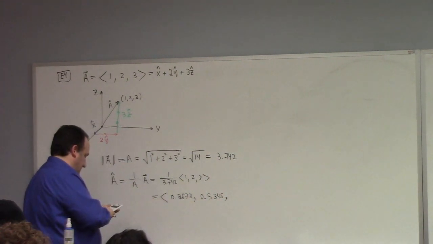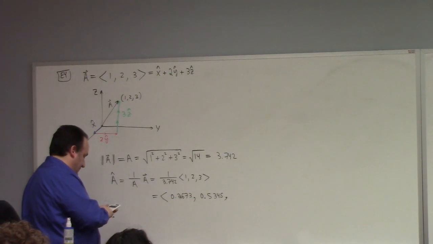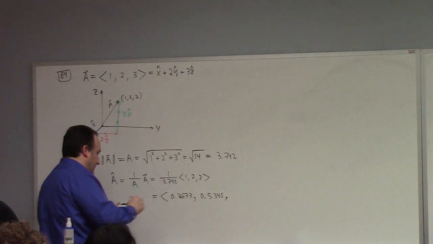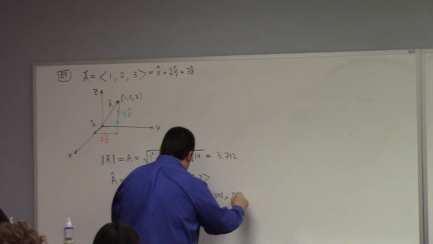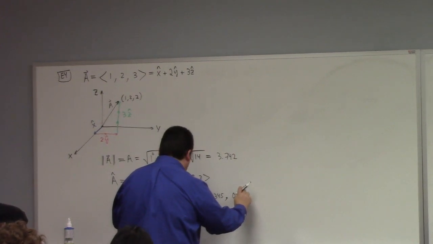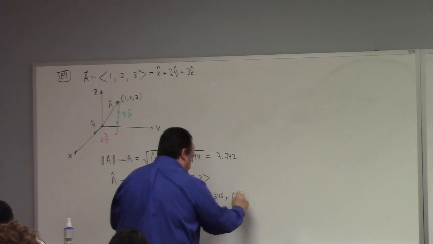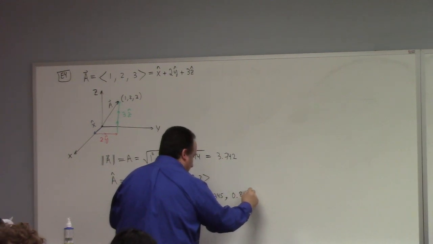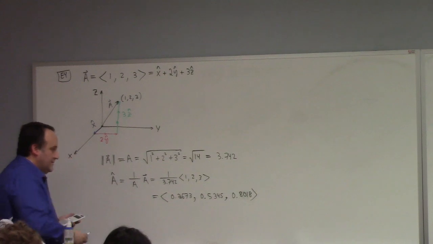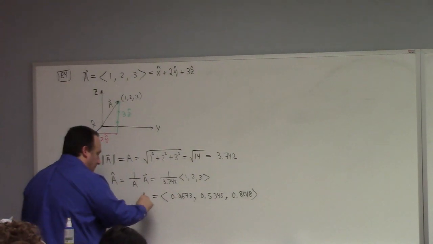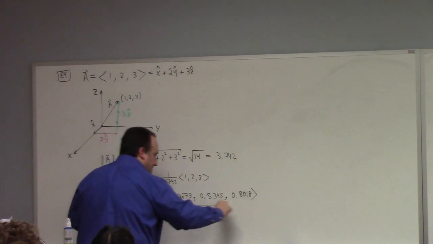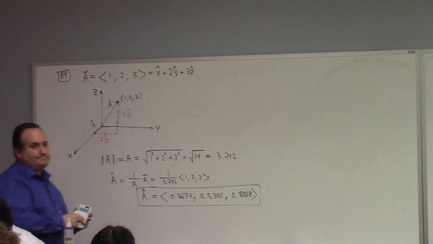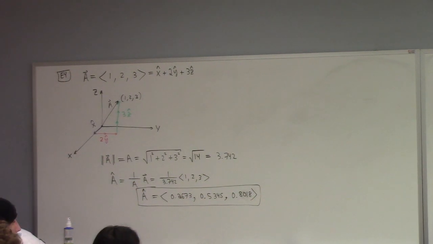And then I'm dividing that by 2 and multiplying it by 3. That gives me 0.8018. There you go. So that is the unit vector in the direction of A. That's the unit vector in the direction of A.